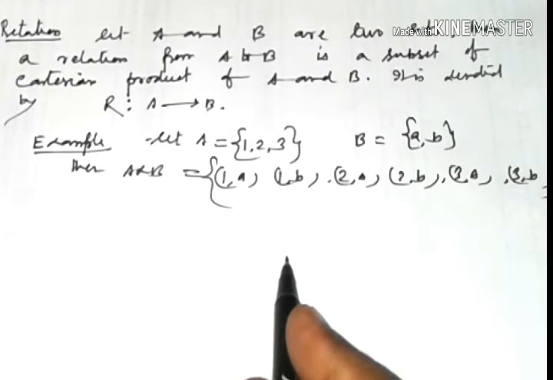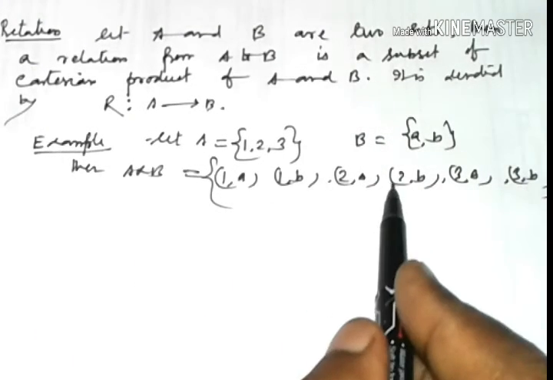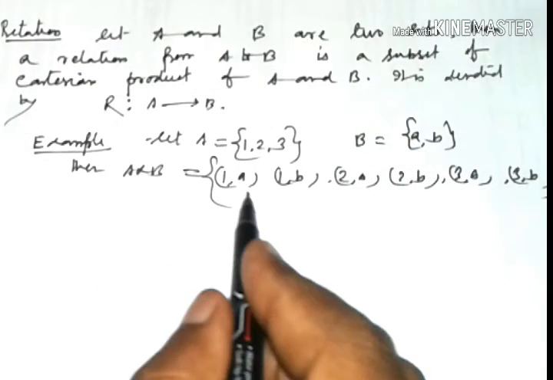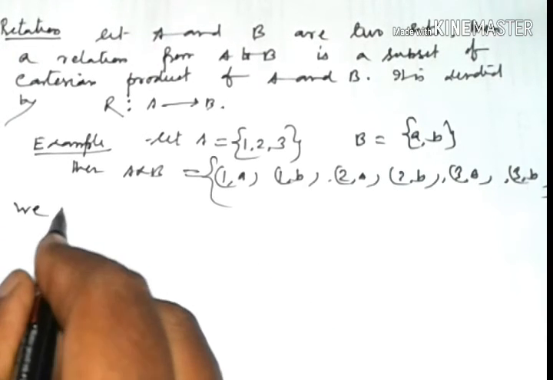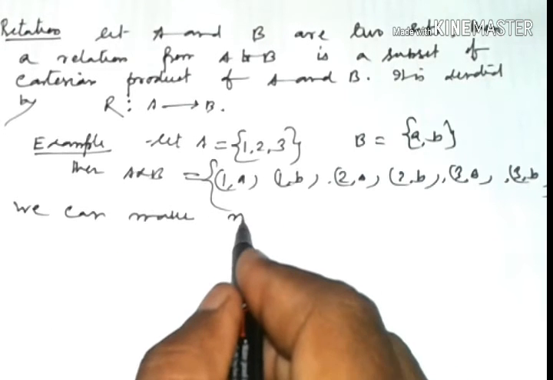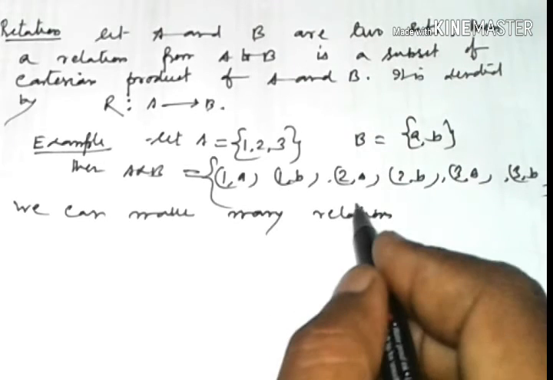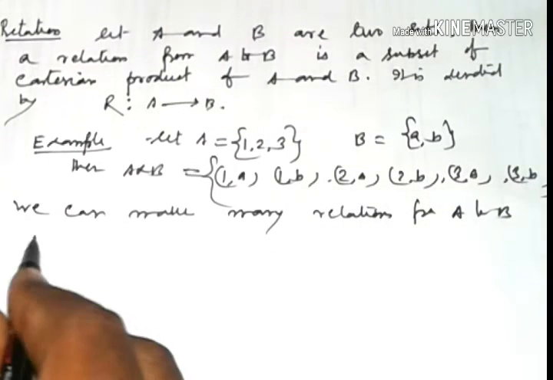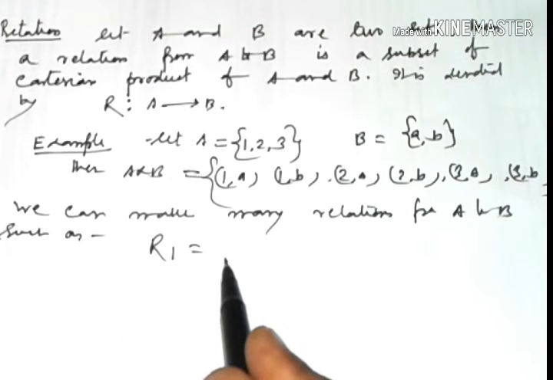Now what is a relation? We can take the whole set as a relation, and we can take any subset of this as a relation. So we can make many relations from A to B. Take R1 as a relation.